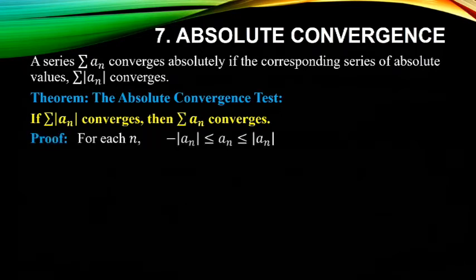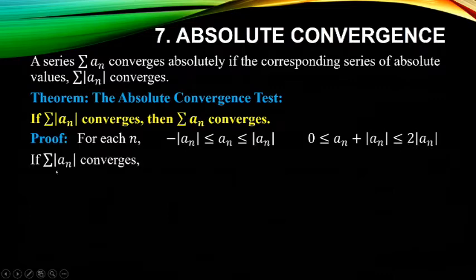As a proof, for each n, the negative absolute value of a sub n is less than or equal to a sub n, which is less than or equal to the positive absolute value of a sub n. Adding the absolute value of a sub n on all sides, this will become 0, less than or equal to a sub n plus the absolute value of a sub n, less than or equal to the absolute value of a sub n plus the absolute value of a sub n, which is twice of it.